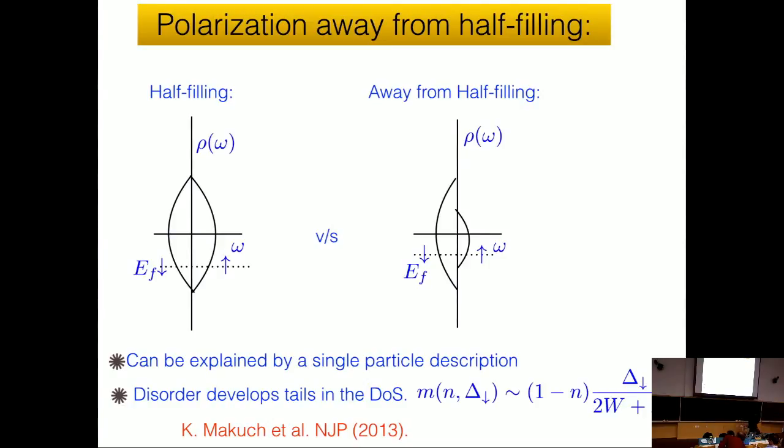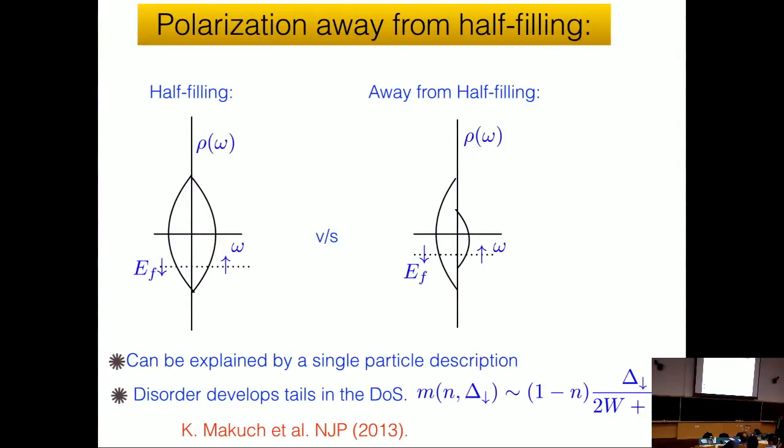This system essentially develops a polarization, right? And how does this polarization come about? This only happens away from half filling. So essentially you have your non-interacting bands, right? In a single particle picture, when you switch on disorder, the downspin carries the disorder and it effectively broadens.